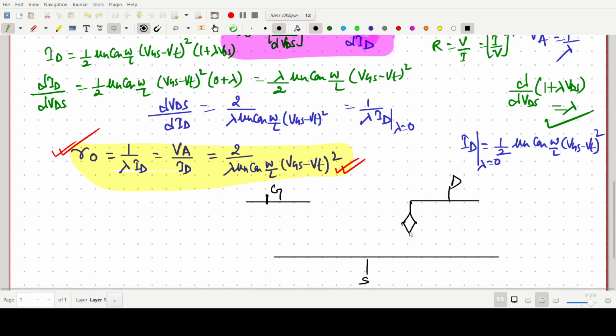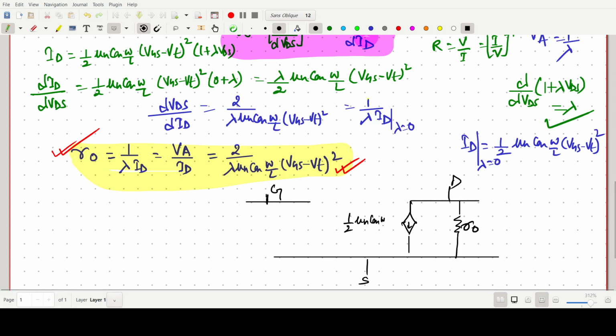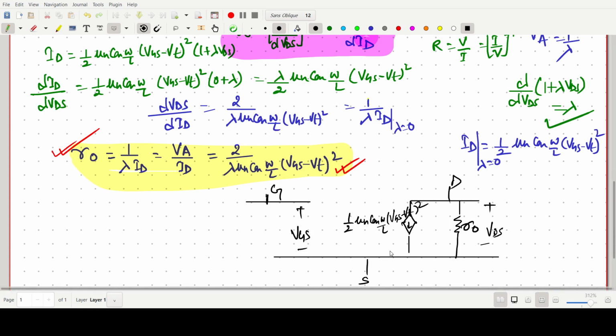This finite output resistance will be our R naught, and this will be the current source, half mu n Cox W by L (VGS minus VT) whole square, controlled by the gate to source voltage, and this is the plus or minus VDS.